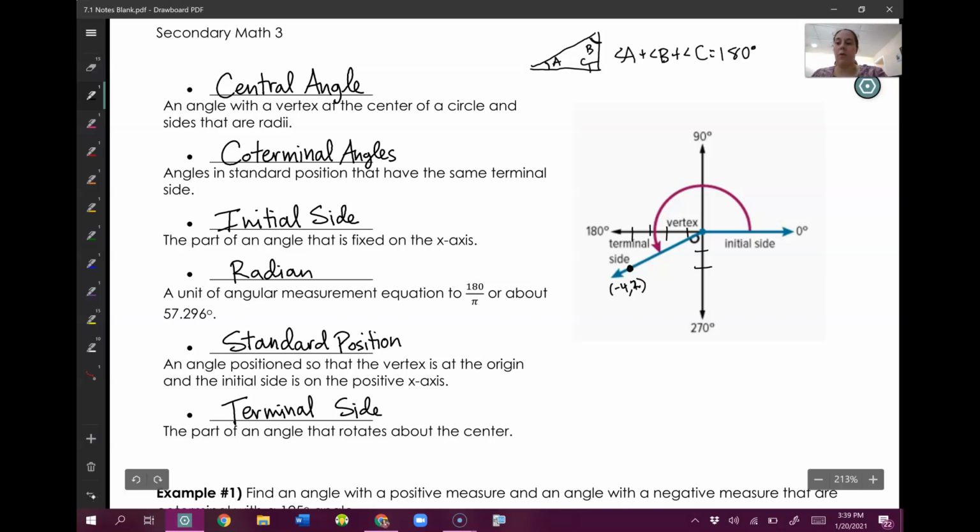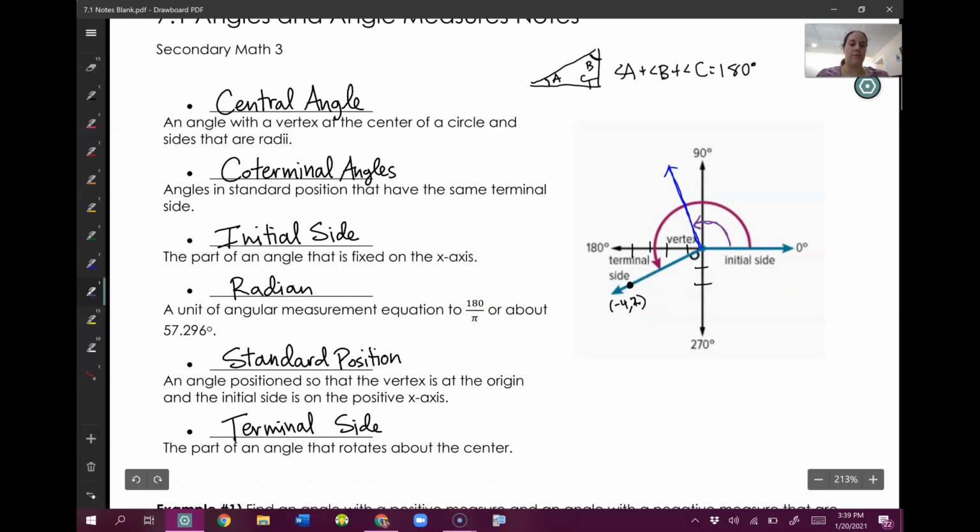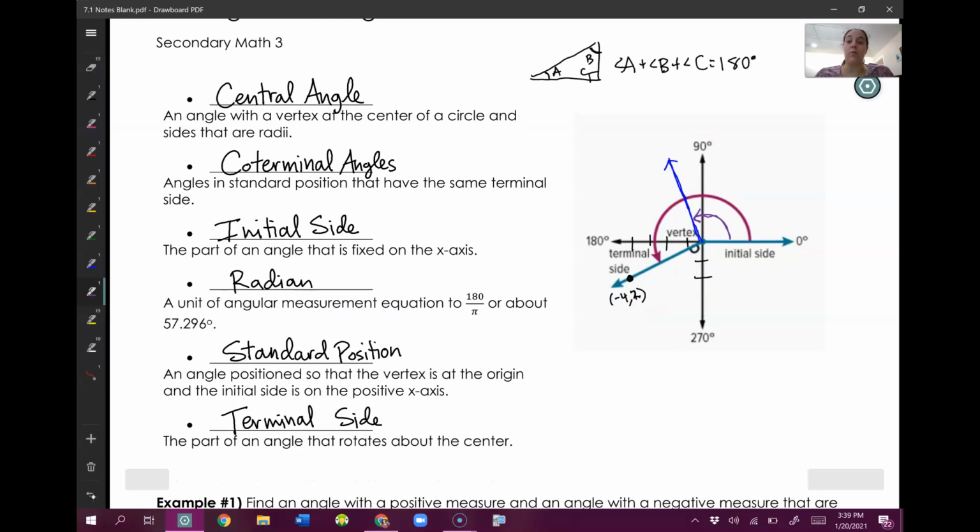So for example, I could have a terminal side right here, and then this would be my angle to that terminal side. So the terminal side can move anywhere around the circle, and then your angle goes from the initial side to the terminal side.